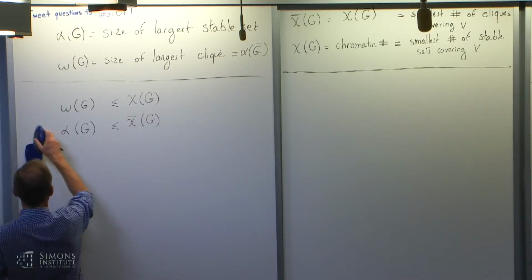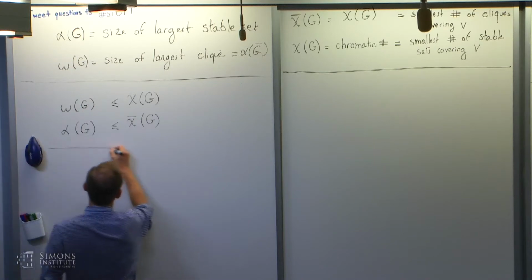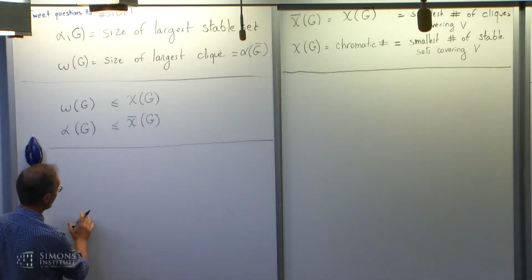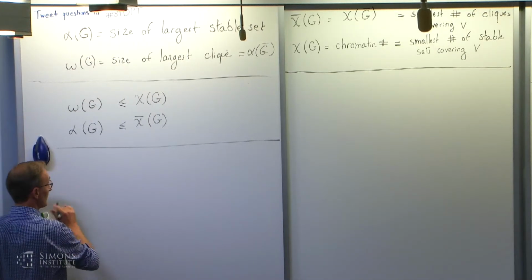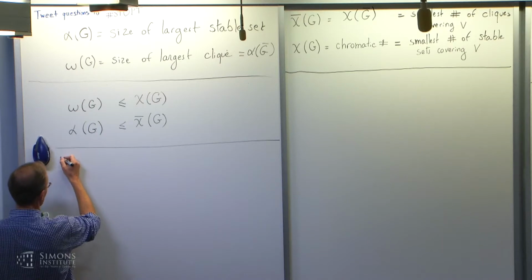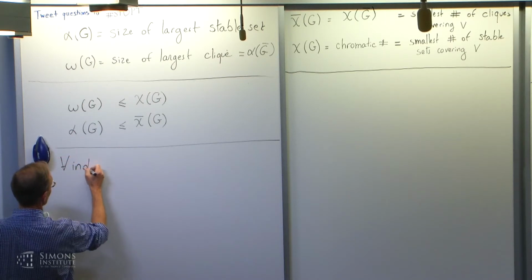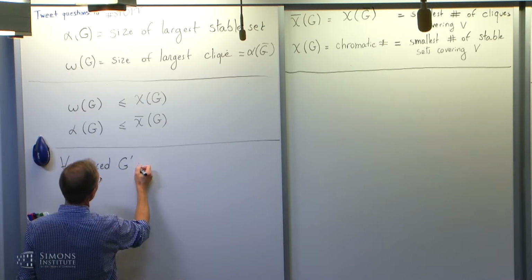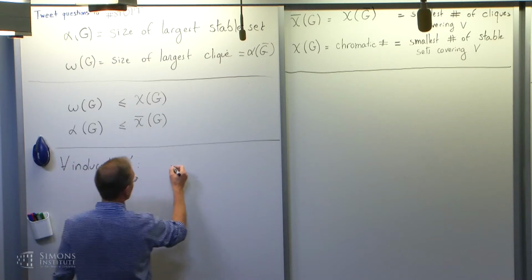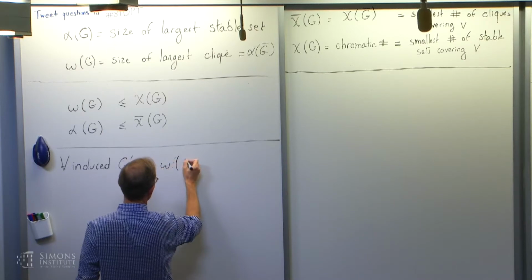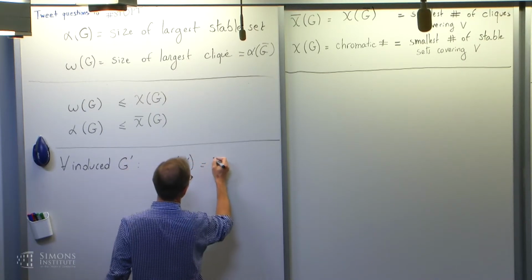Now, yesterday we introduced the notion of a perfect graph, and so let's look at two classes of graphs. One is that for any induced G prime, we have equality: alpha of G prime, omega of G prime is equal to chi of G bar.